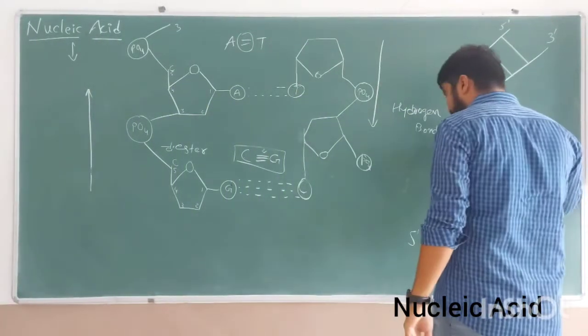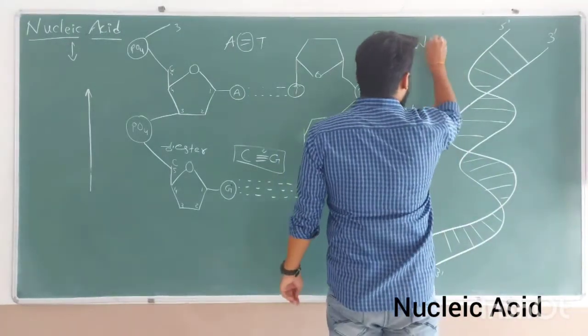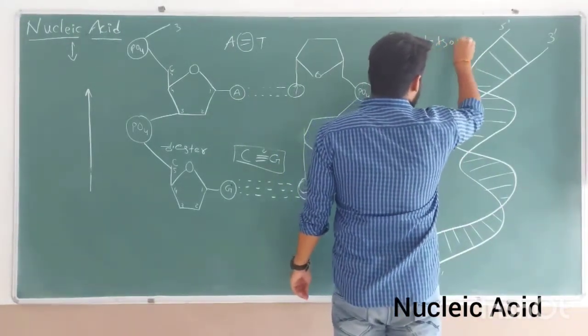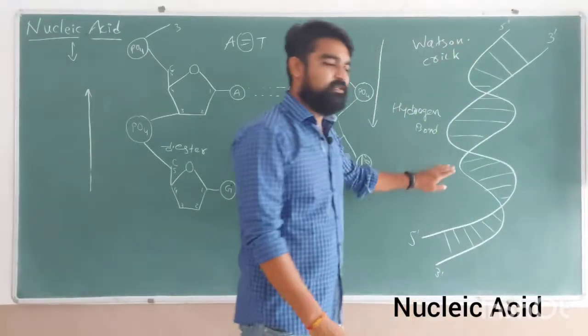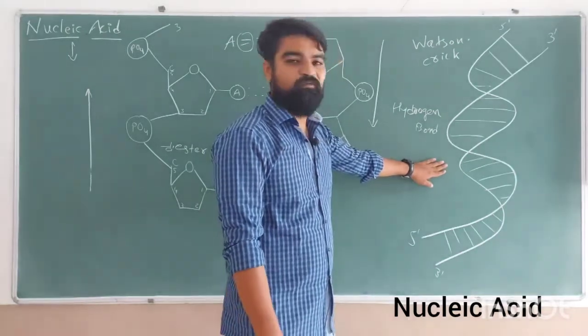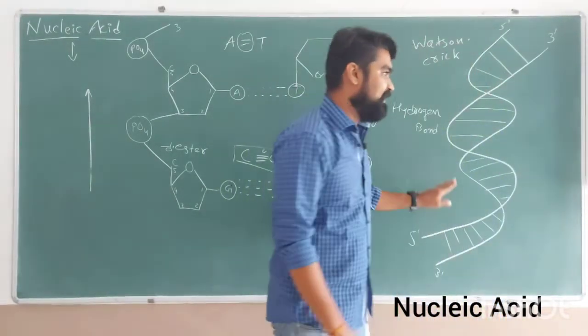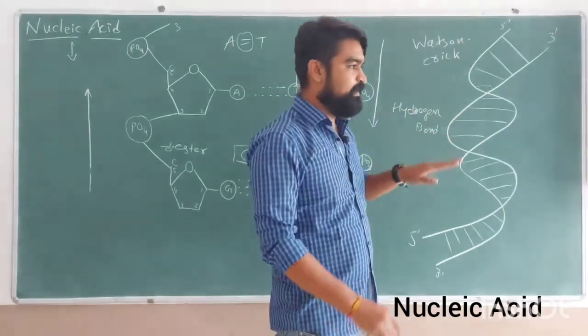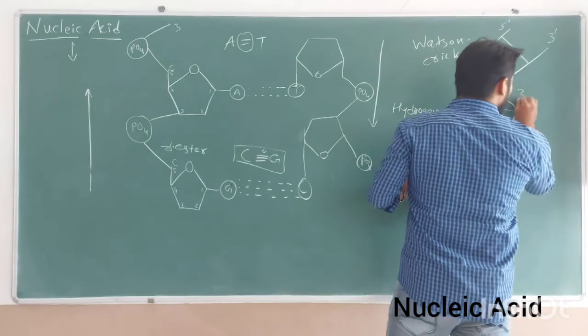Now if we talk in detail, this particular model was given by Watson and Crick, and as I said, it looks like a staircase. Every step or every ascent is 36 degrees from each other.